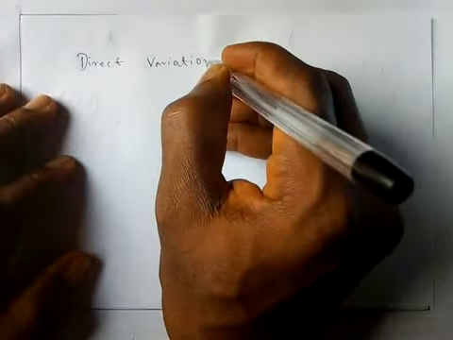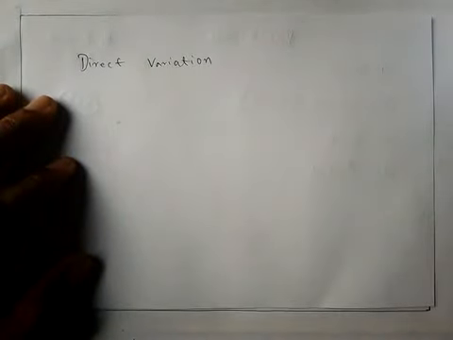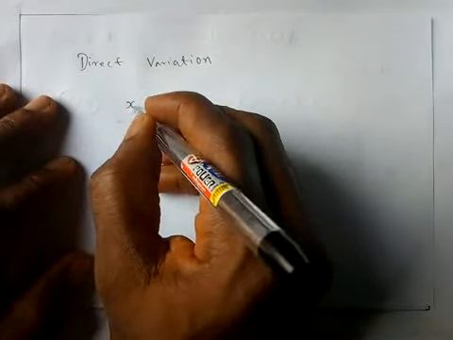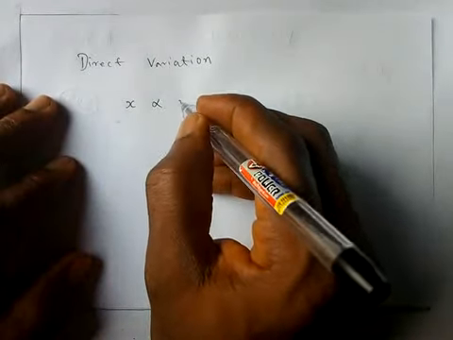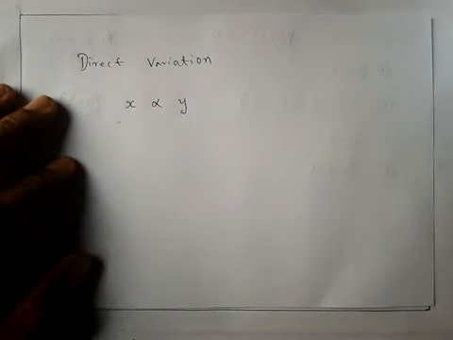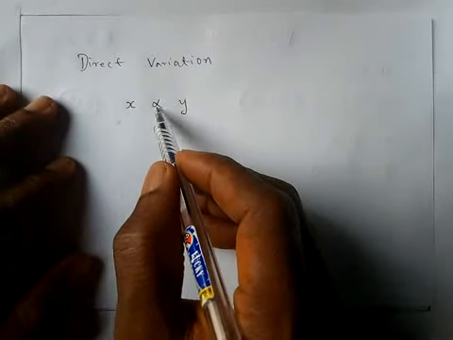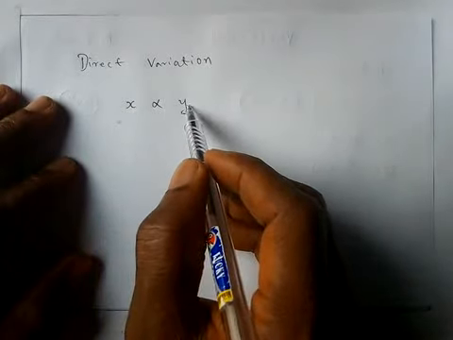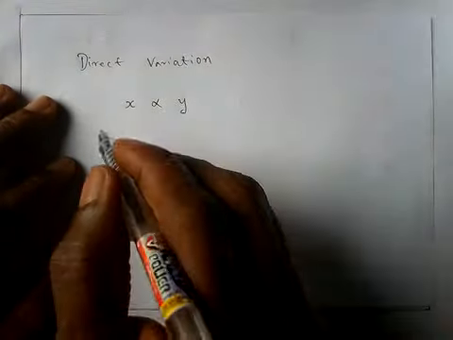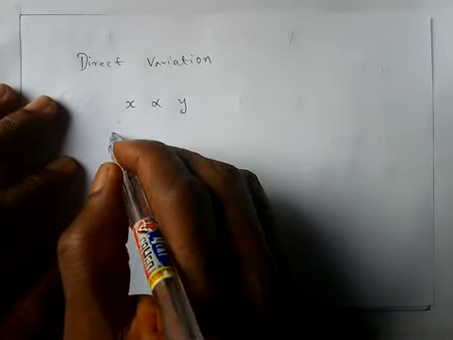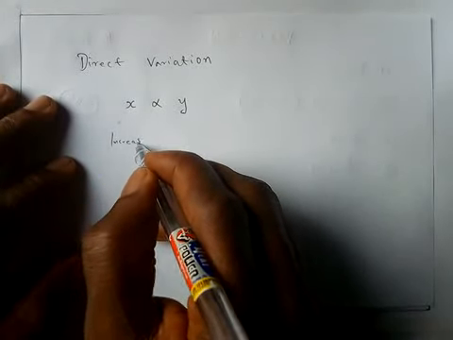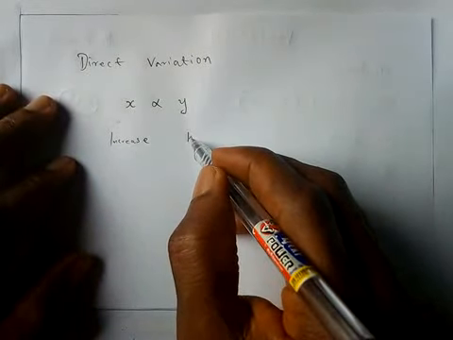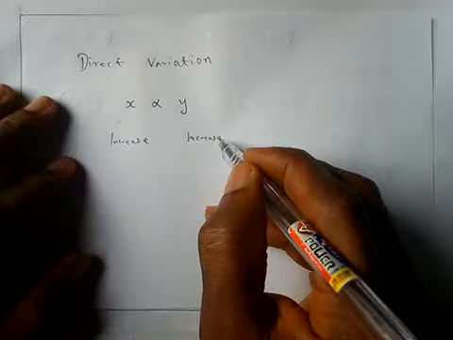For direct variation, if you have a quantity s varying directly as y, this is how we represent it: s varies directly as y, this is your varying sign. What it simply means is that if there is an increase in the value of s, there will be a corresponding increase in the value of y.